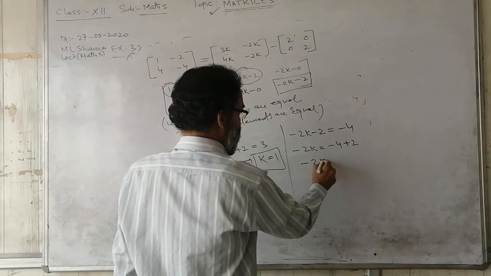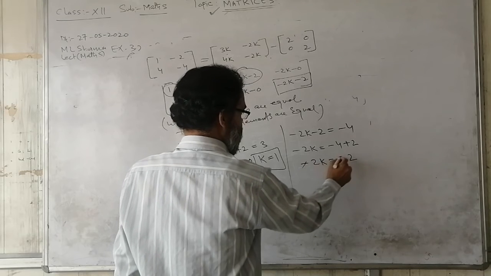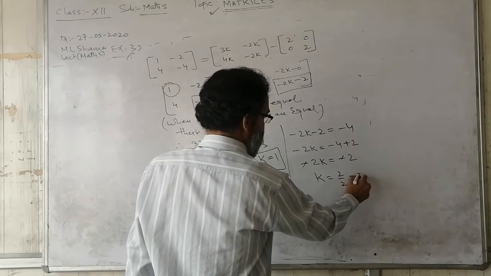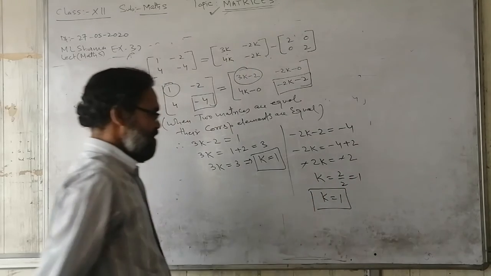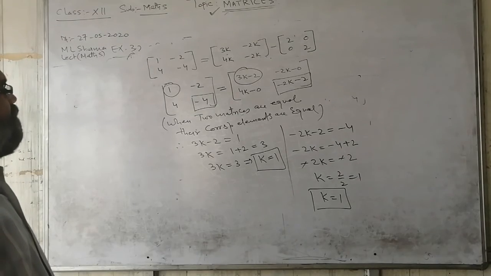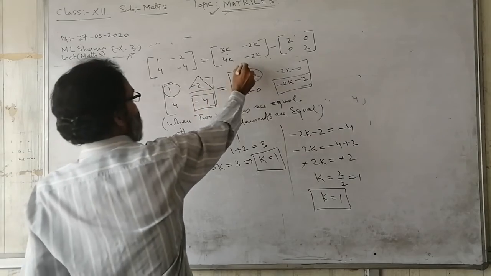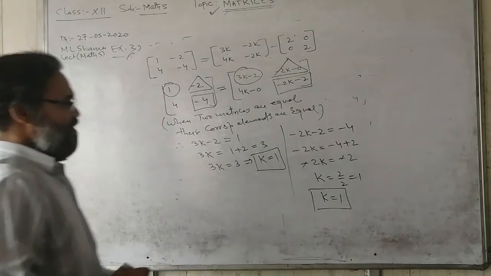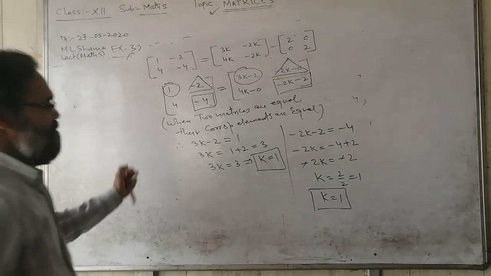So minus 2K equal to minus 2, and minus and minus will cancel. So K will be 2 by 2, that is 1. So again the same answer is found out. Again, if I equate this element by this element, again I will get the value of K. So in this way we have to find the value of K.